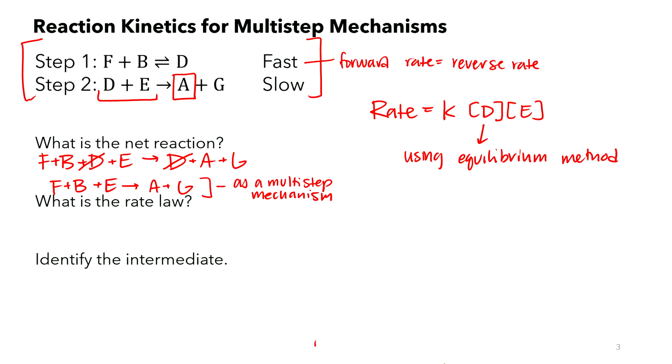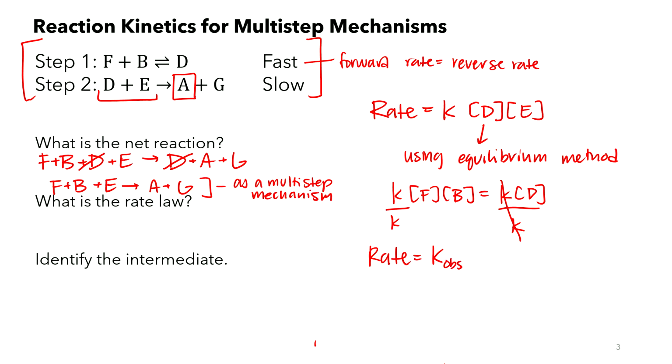Okay, so I could write this as K F times B equals K times D. To solve out for D, I just divide both sides by that K, and I'm not even bothering to specify what the K's are. There's just going to be some K at the end of the day. So I will have the rate equals K, and you might see it written as just K or K obs. There's just some number there, and then we have E times F times B.